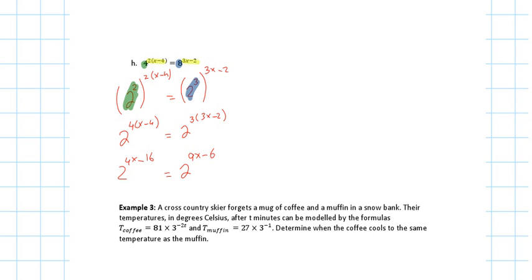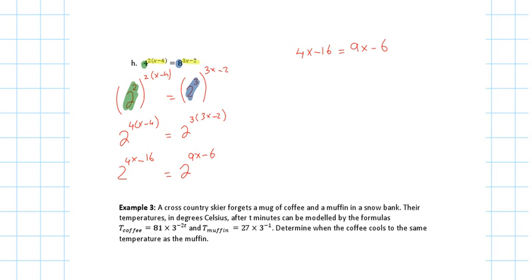Now I have the same base. I can drop the base and then keep my exponent, right? So that's going to be 4x minus 16 equals 9x minus 6. My 2 steps, I'm going to do them in one. I'm going to bring the x's to one side and the numbers to the other side. Doesn't matter which side you pick, right? So I'm going to bring the x's to this side, and the numbers to the other side.